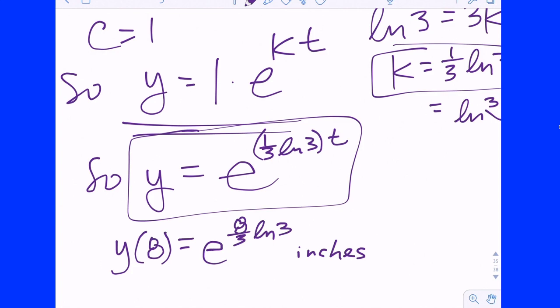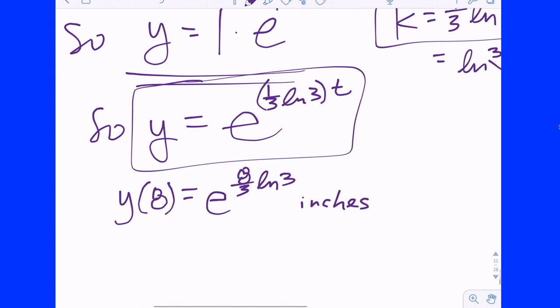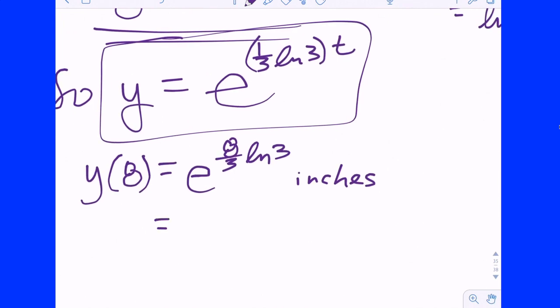And of course, if you wanted to see what that was, you can go to the calculator and type it in. Or maybe we can simplify it a little bit. What could I do with that 8/3? I could bring it up as an exponent on the 3. And now what's e to the natural log of blob?